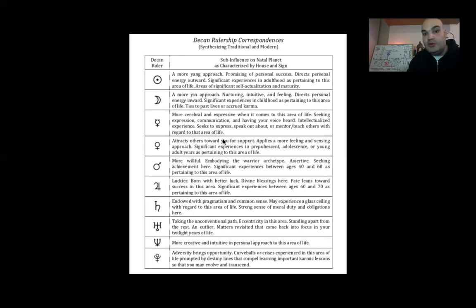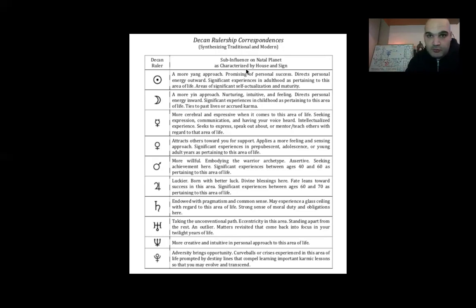So you can use this for both systems, but ultimately what I'll be doing in the next few videos is concentrating on the triplicity system, and we're going to go by season. In this video, I'll talk about the decans of Aries, Taurus, and Gemini, and then we'll do spring, summer, and autumn, and just go through it like that.